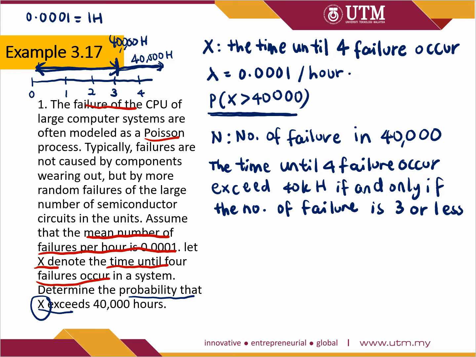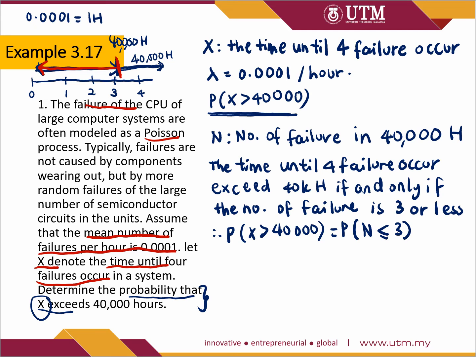If you refer to this, you will understand what I'm saying. So now we can represent our probability that X is greater than 40,000 as equivalent to the probability of the number of failures being 3 or less in 40,000 hours.